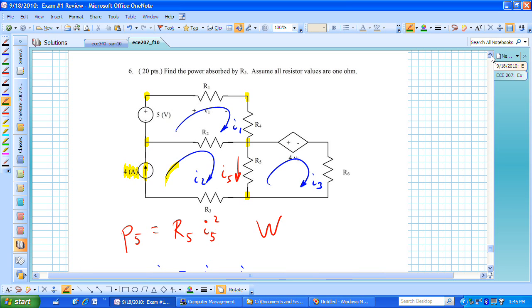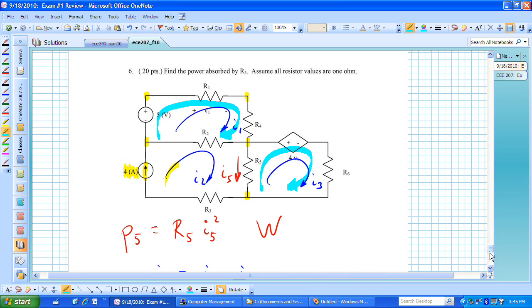That being said, let me start writing some KVL equations. If I'm interested in I sub 1 and I sub 3, maybe I should just start looking at writing KVL with those particular meshes that I've highlighted in light blue.